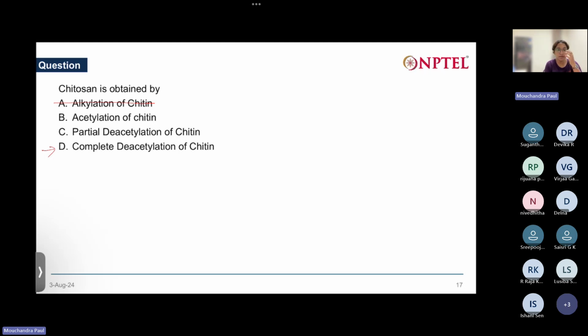We stay in between 0 and 100, like 50-60%, and depending on how much deacetylation is done, your degradation properties and solubility in water will be affected.